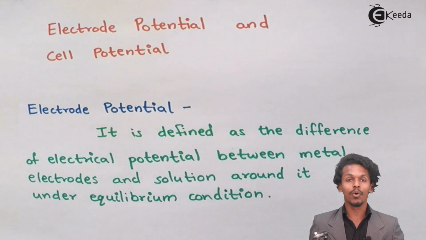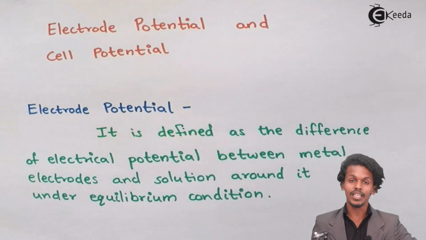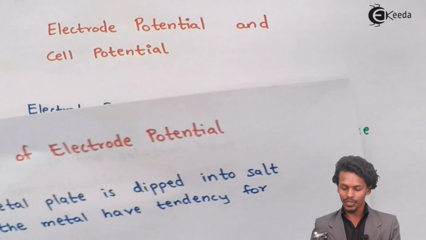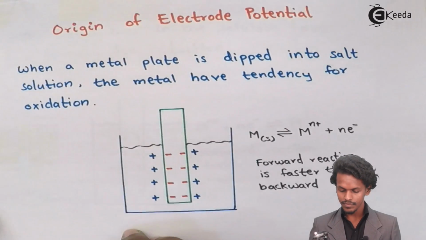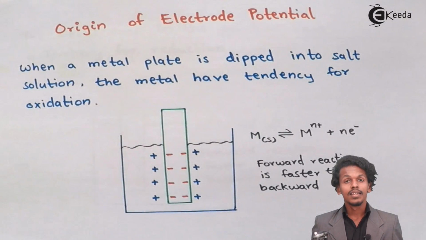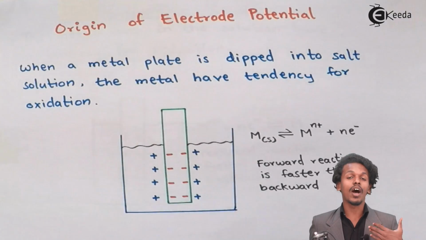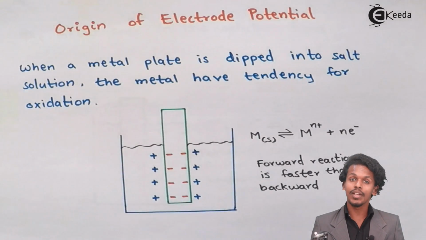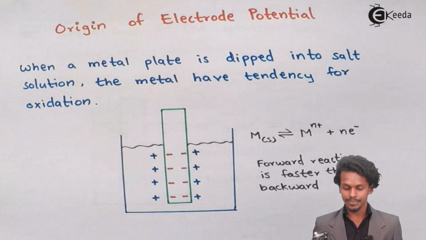Let me talk about the first one, the origin of the electrode potential, that is, how the potential on a particular electrode arises.